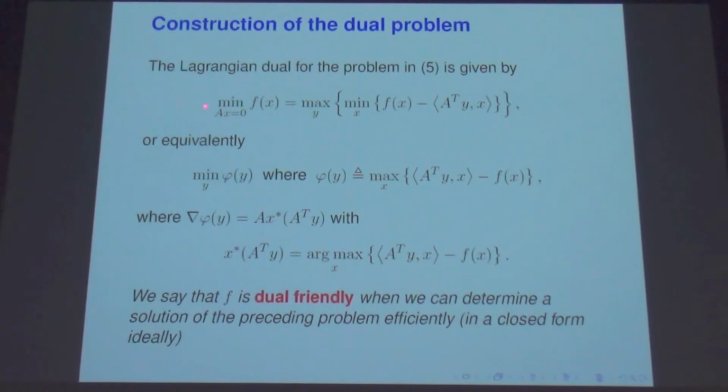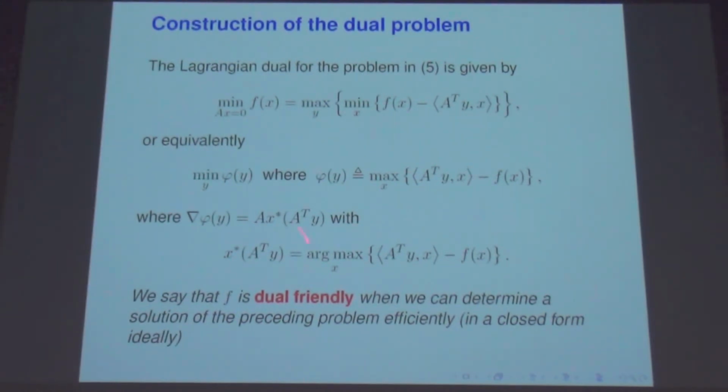So the first thing we do is we construct the Lagrangian of this problem. We move the constraints into the objective function with some Lagrangian variable y. Then equivalently, we can write this optimization problem in the dual variable, the Lagrangian variable, where the function is defined as this maximization problem.